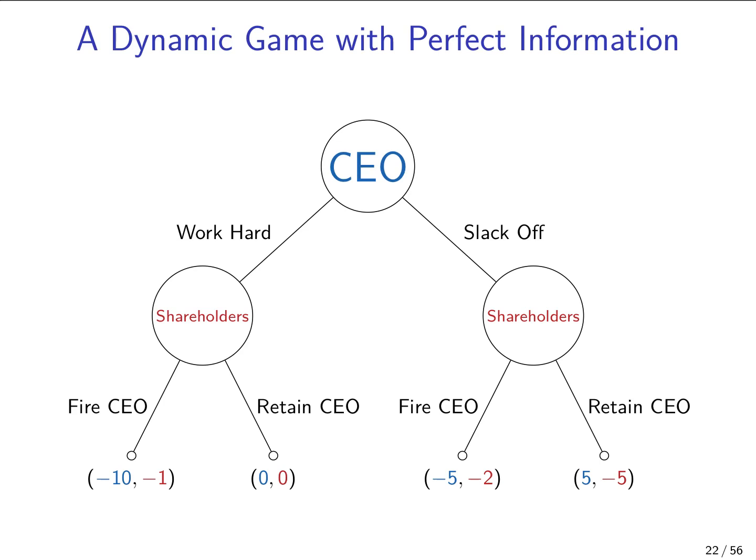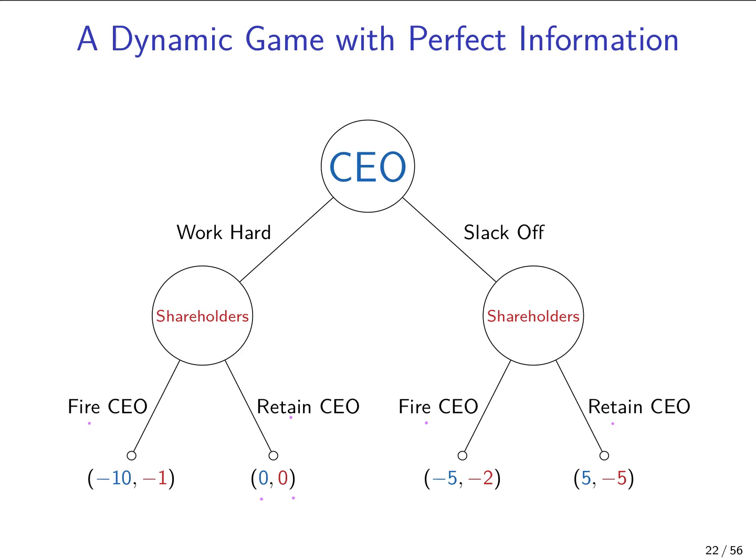Okay, so here is a simple two-stage dynamic game. First, a CEO of a large company has to decide whether he or she would like to work hard or slack off. Okay, and then observing that, the shareholders of the company would decide whether to fire the CEO or keep the CEO, right? If the CEO works hard and the shareholder keeps the CEO, both the CEO and the shareholder get zero.